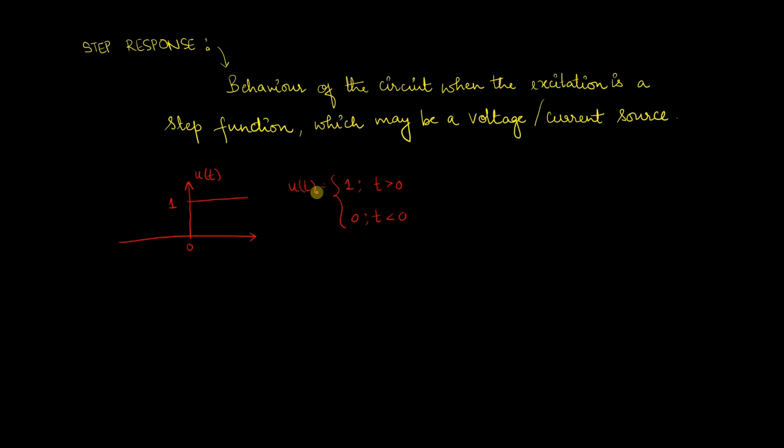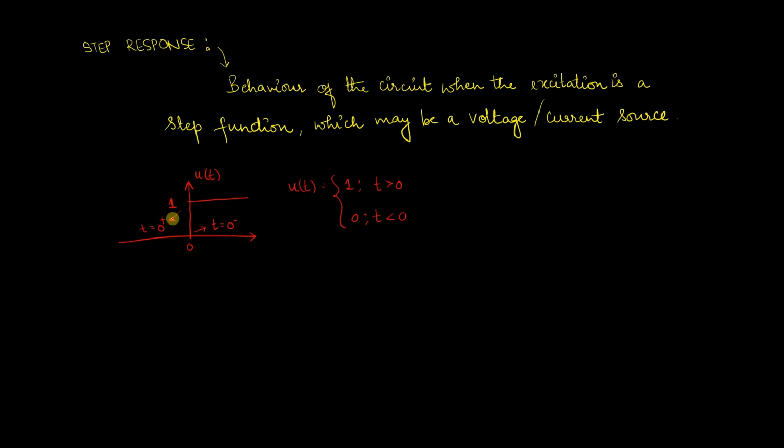Now you can see the abrupt change in the input voltage or in this particular function is occurring, right? If you look at this particular point, I can say this is t equal to 0 minus, and this could be at t equal to 0 plus.